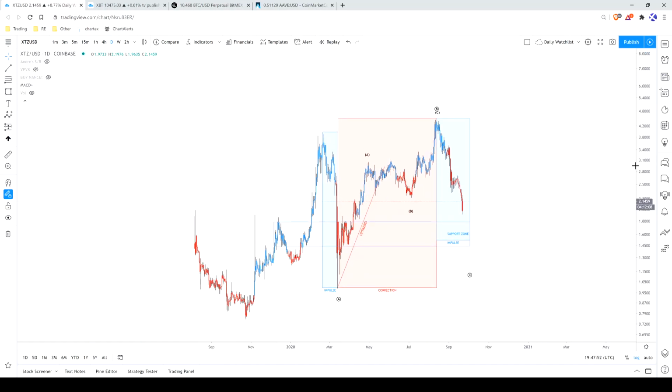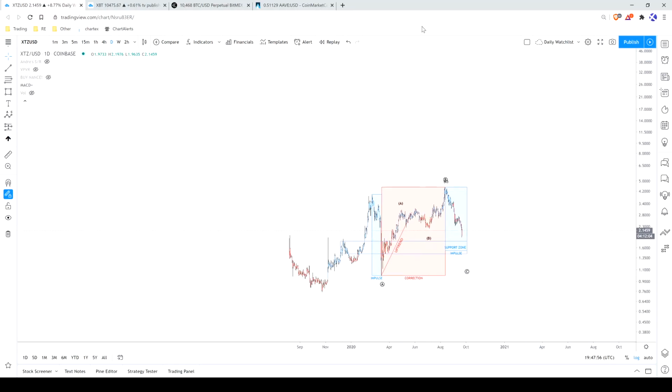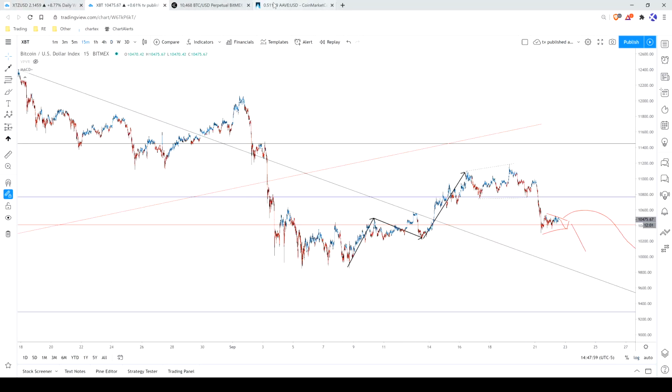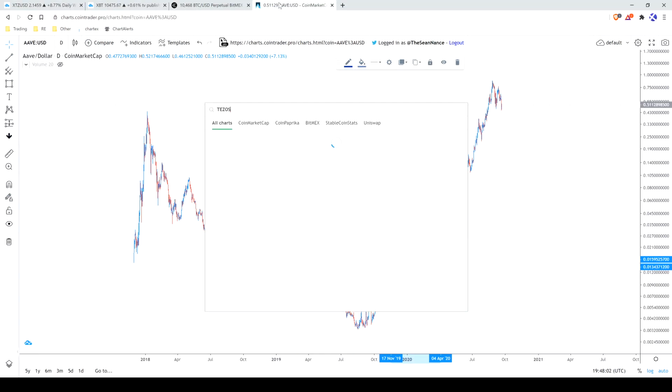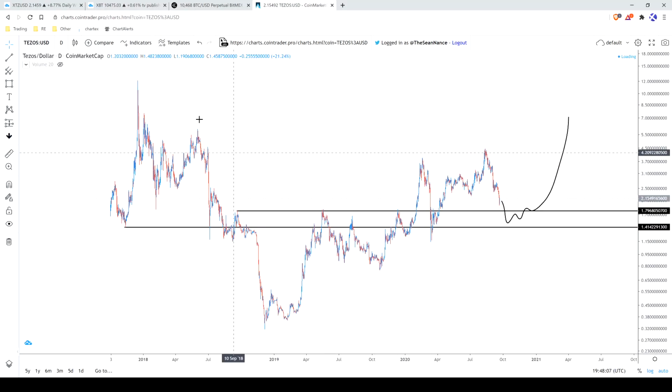However, I'm suggesting that it could end up looking like this. And also keep in mind that Tezos' high was around 12 bucks.